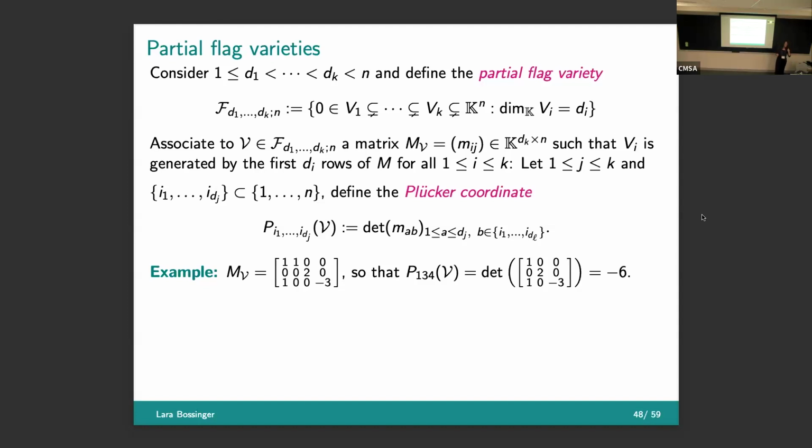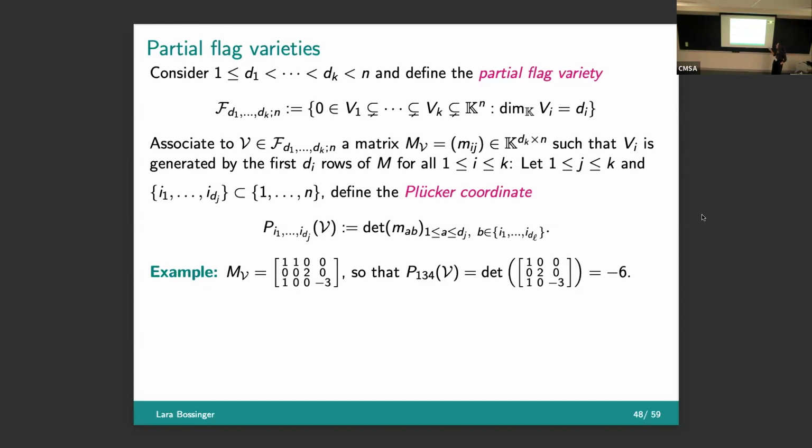But yeah, so great. For my flag, I pass to a matrix. And again, of course, there's a choice involved. There are many choices involved in choosing the bases. So one flag is represented by several matrices, and there are GL actions relating them. And then I also have Plücker coordinates.